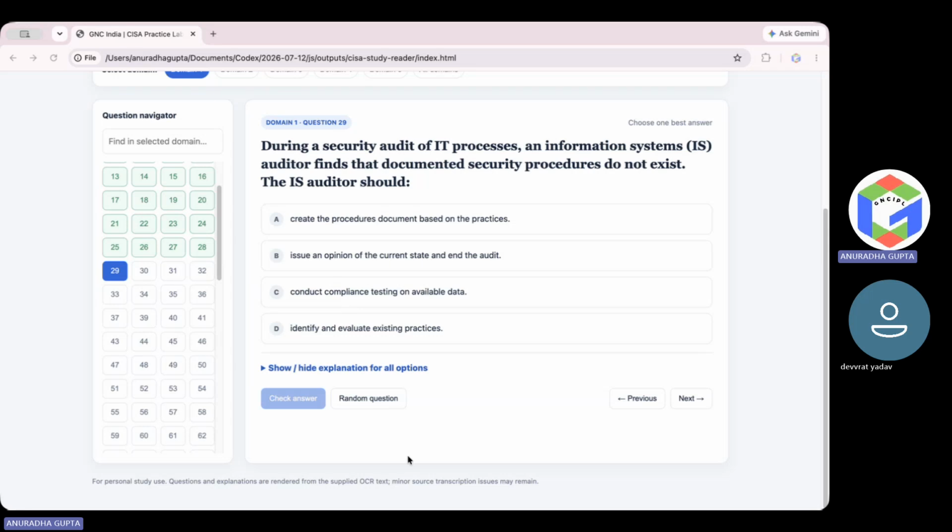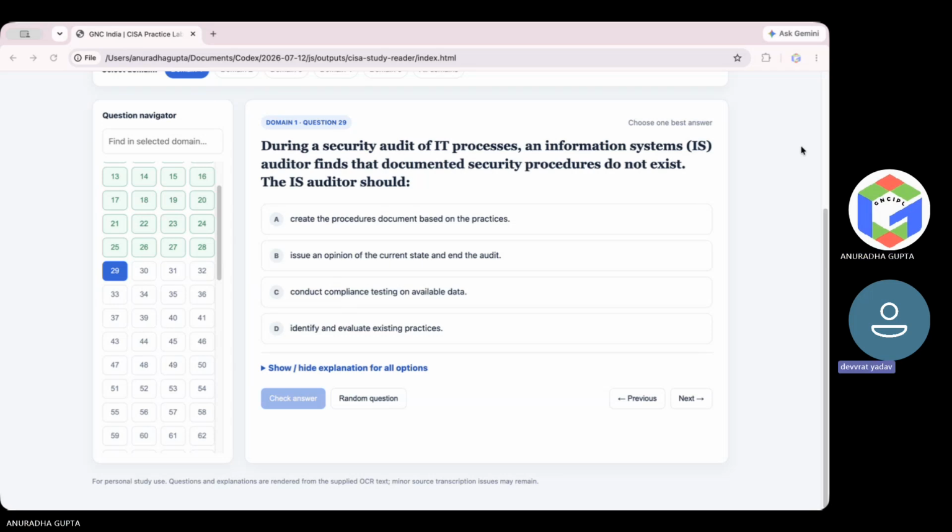So during a security audit of your IT process, an auditor finds that documented security procedures do not exist. If the procedure is not there, then we have to identify and evaluate the existing practices, whether they are following the security guidelines or not.